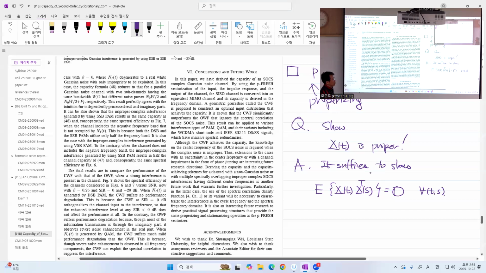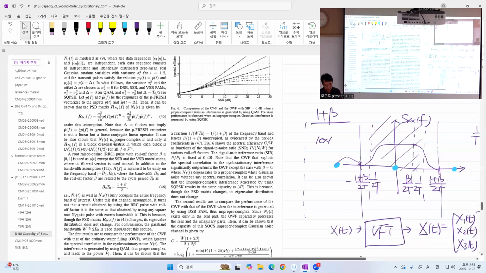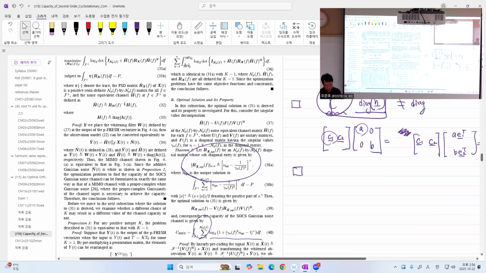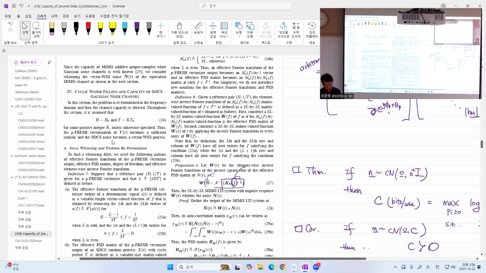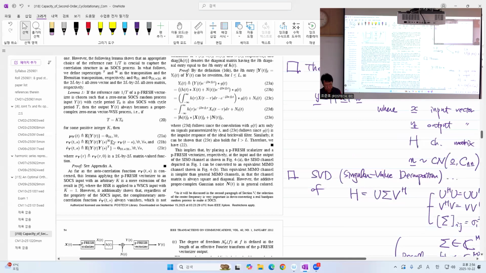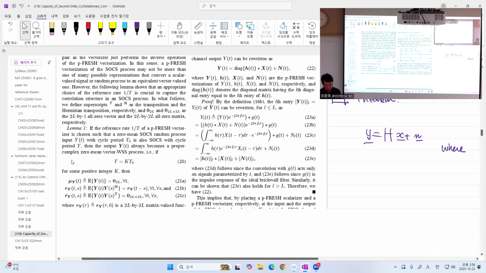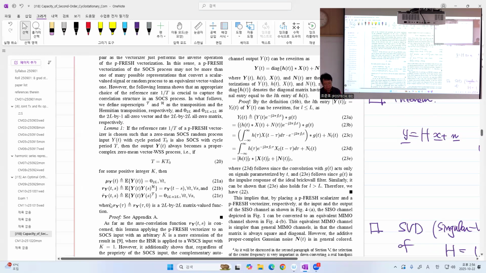How can we prove it? And the proof is shown somewhere in the paper, where is it? Yeah, I believe it is here. Yeah. Wide-sense stationary. Okay, it shows that this p-fresh vectorizer stationarizes and at the same time properizes.